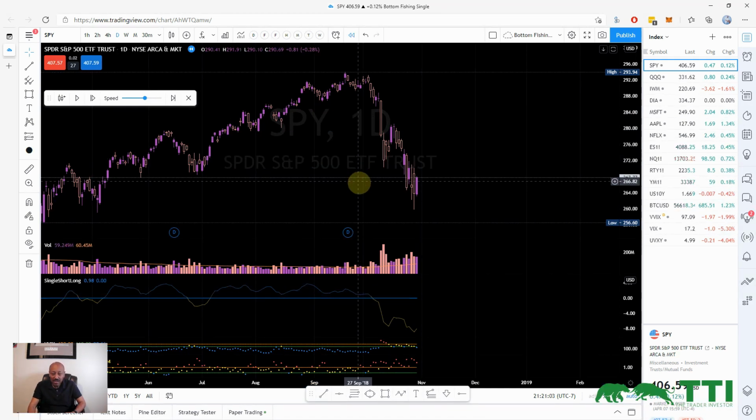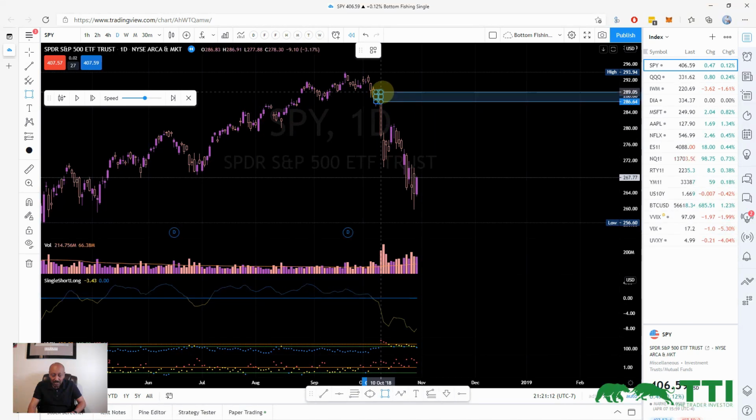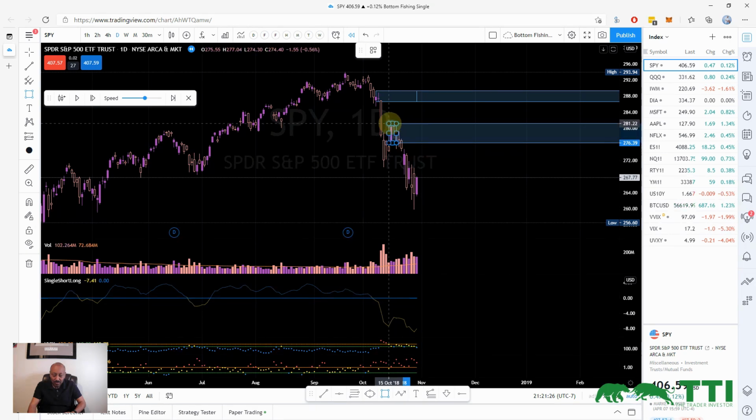And as we end this session, what I will show you now is what are potential order blocks. Here I have a bearish order block, the last bullish candle before the wild move down, and then the last bullish candle before the last move down.